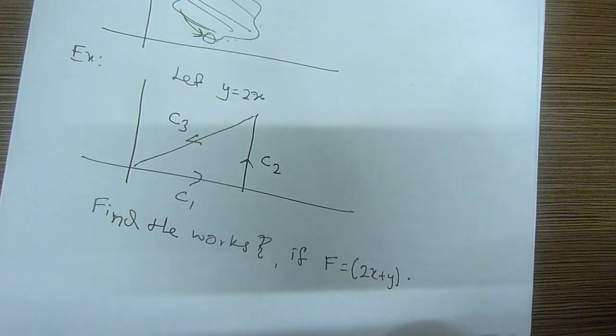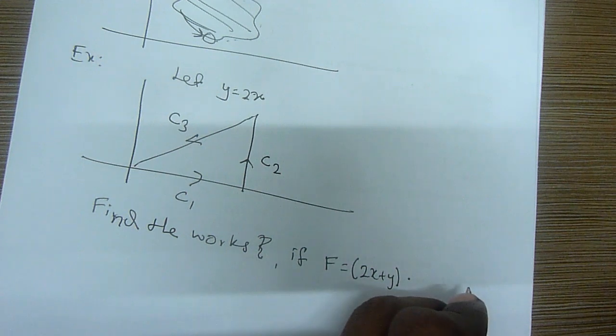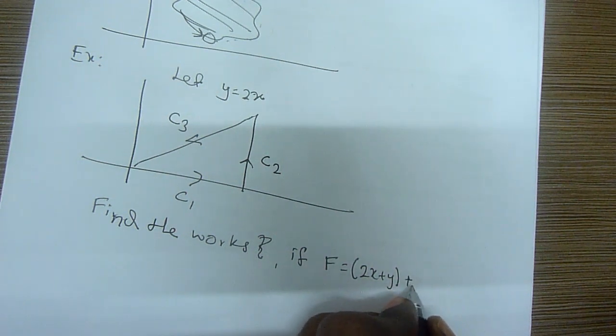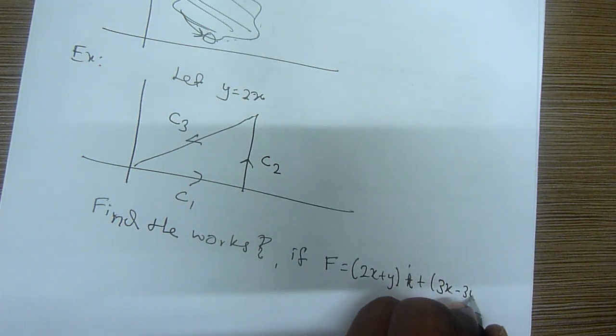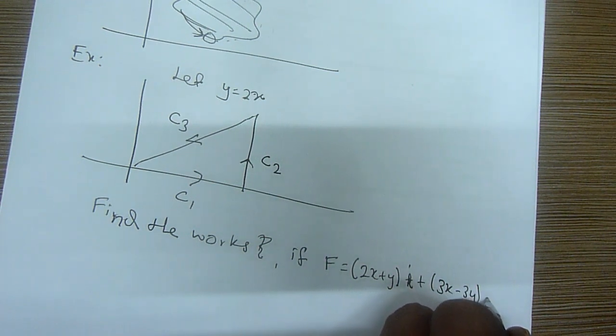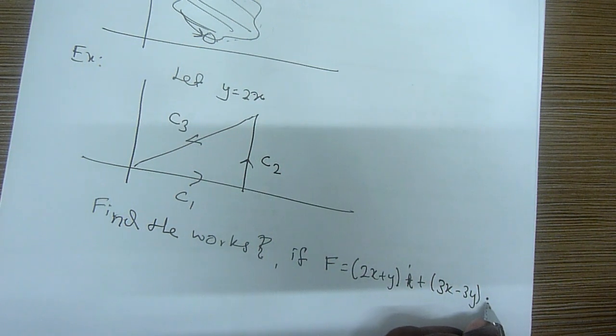Is it correct to address that? Wait, I just wanted to make sure of this. Plus i, and plus 3x minus 3y j. This is the correct j.